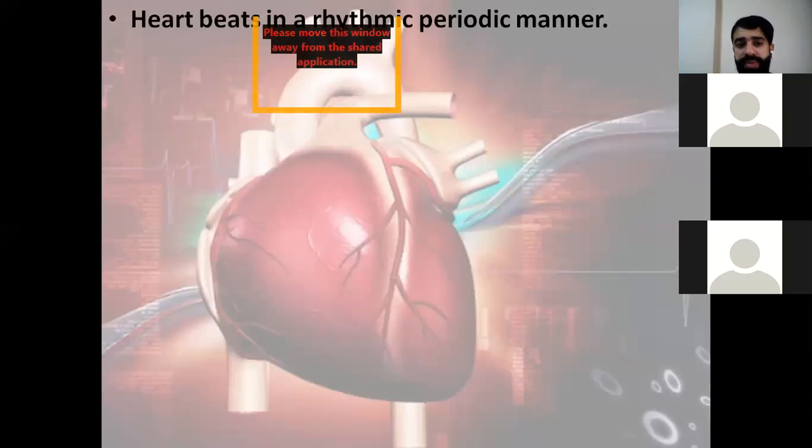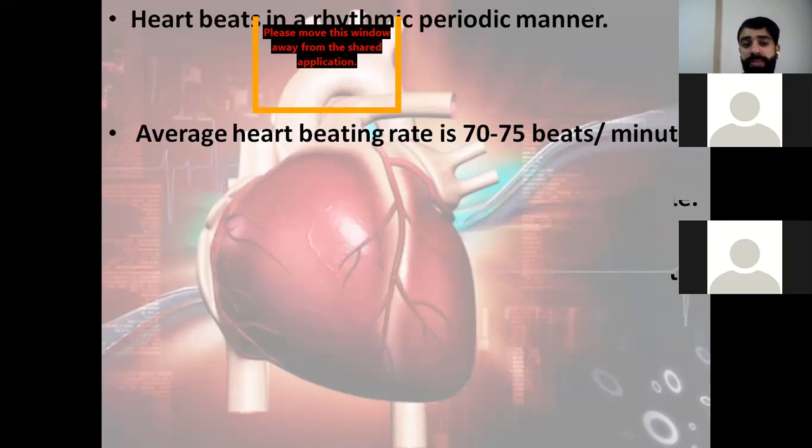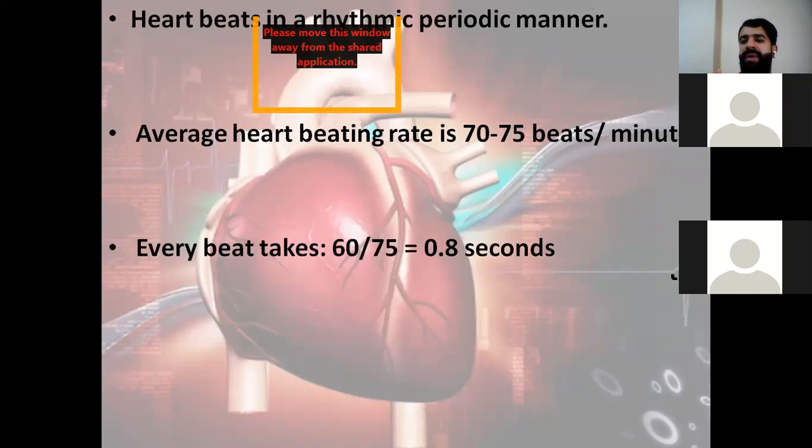Moving now to the heartbeats. The heart beats in a rhythmic and periodic manner. The average heart beating rate is about 70 to 75 beats per minute. So every beat takes about 60 seconds divided by 75 beats, approximately 0.8 seconds.